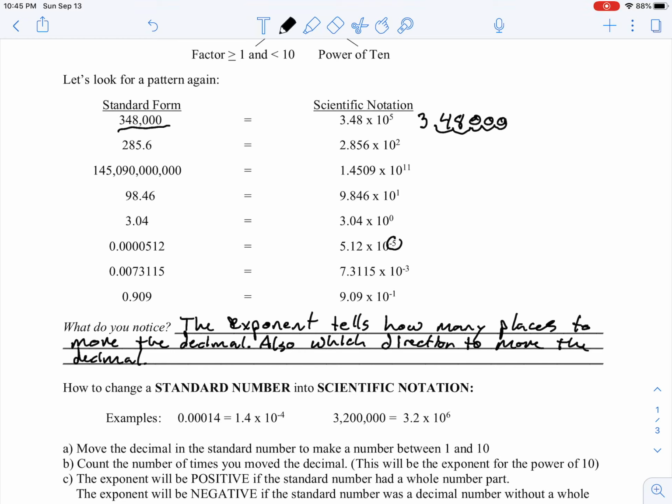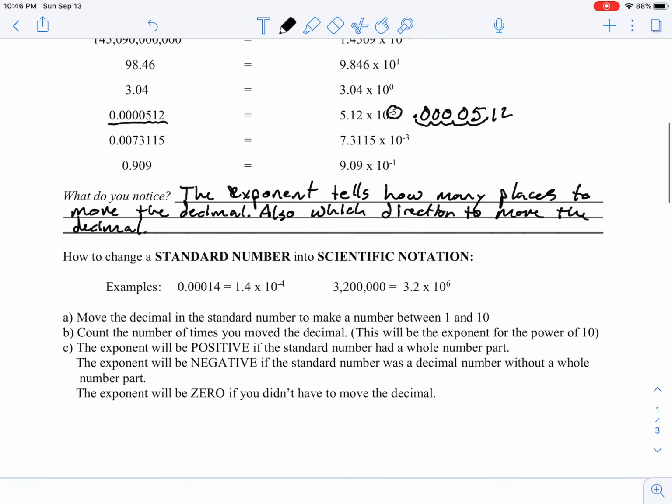And one with a negative exponent, such as this, tells us we start with our 5.12, and we move our decimal place left 5 places. So 1, 2, 3, 4, 5. Add our zeros in, and we get this exact number here. So all the exponent is telling us to do is what direction and how many places to move our decimal.